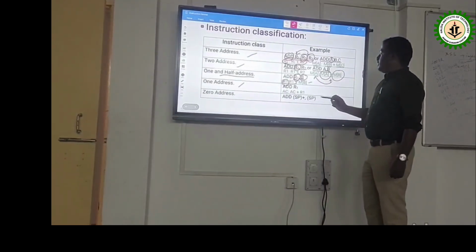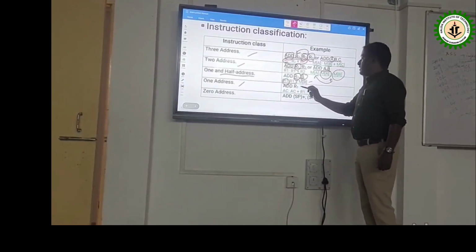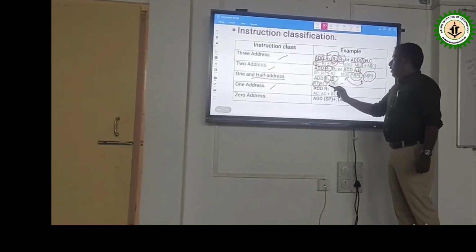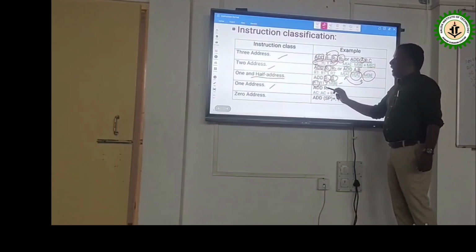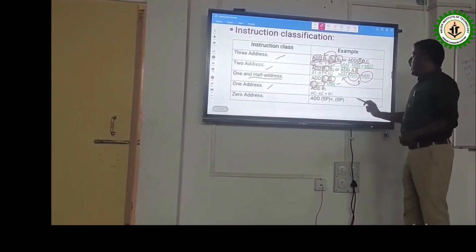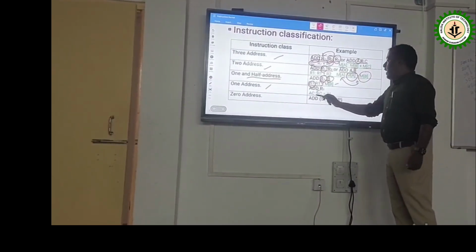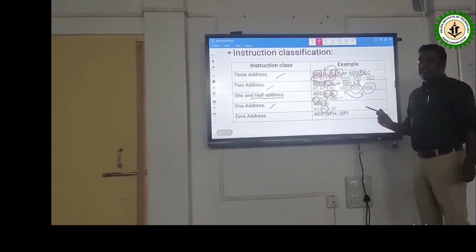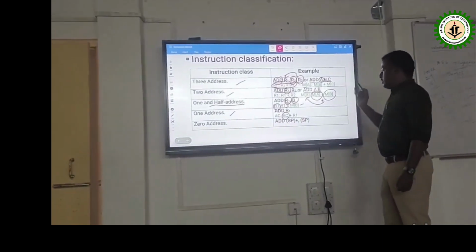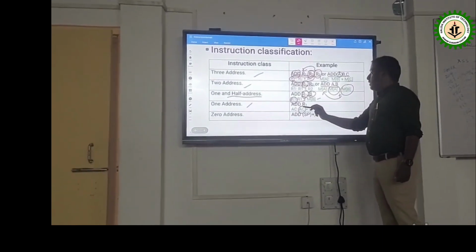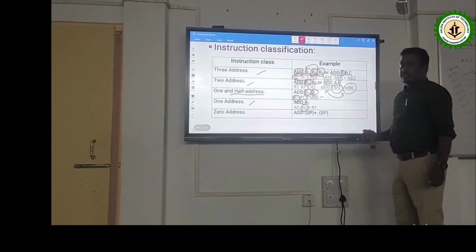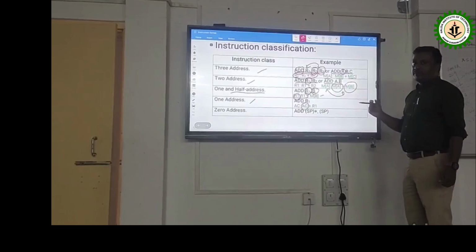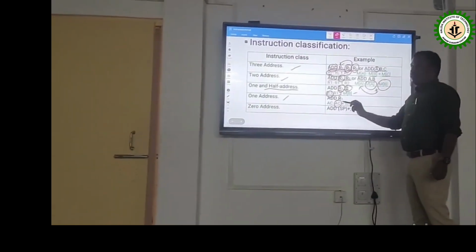In the fourth case, 1 address. So 1 address means, for example, add R1. Add R1 means register R1 content will be added to what? To the content of the accumulator. What is an accumulator? An accumulator is a special purpose register inside the CPU, and the accumulator contains the intermediate value of a program, not the final value.